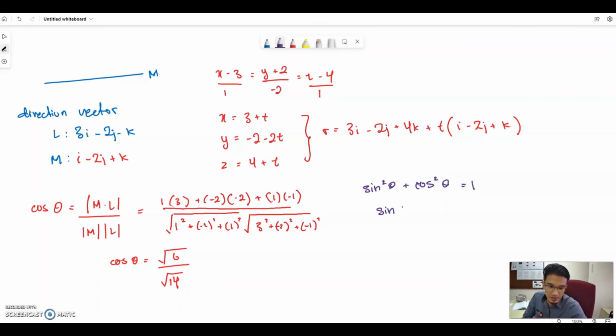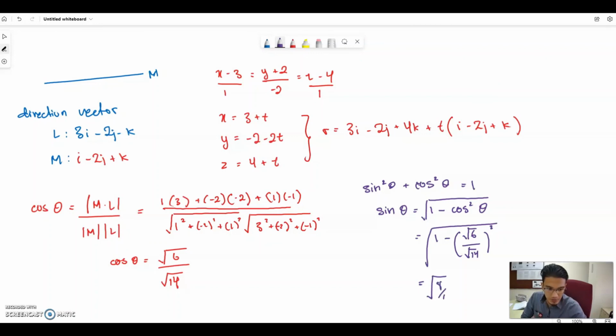So sine theta equals the square root of 1 minus cosine square theta. So we just substitute 1 minus square root 6 over square root 14, squared, and then square root again. So it is equal to square root of 8 over 14, or 2 square root 7 over 7. So that is the answer for question C.